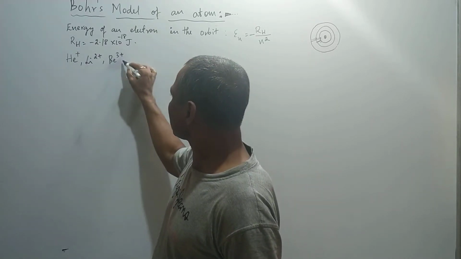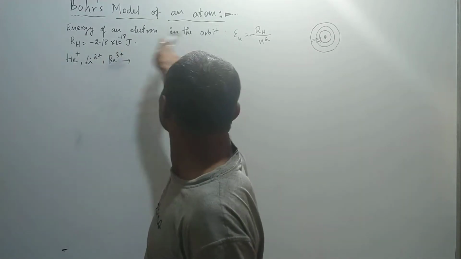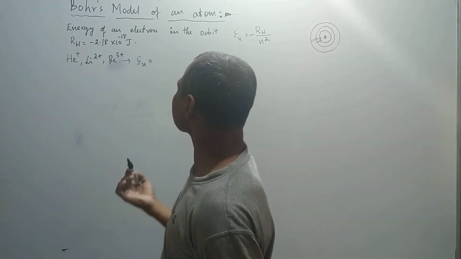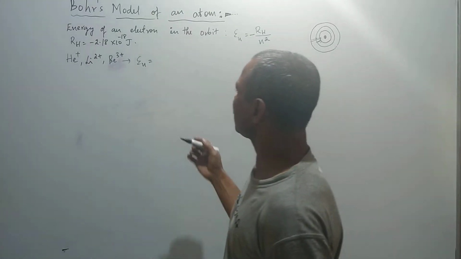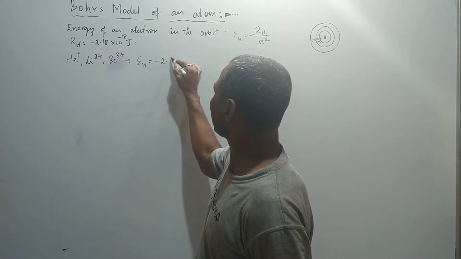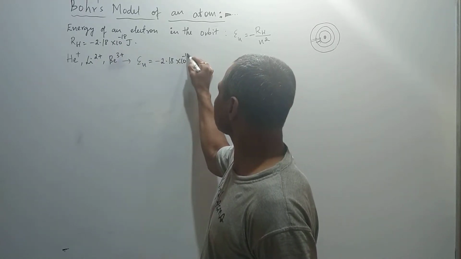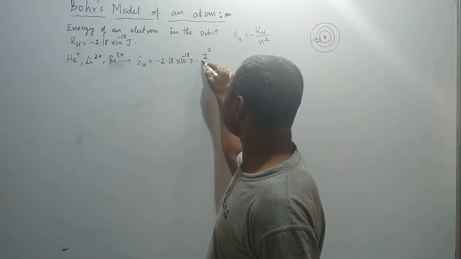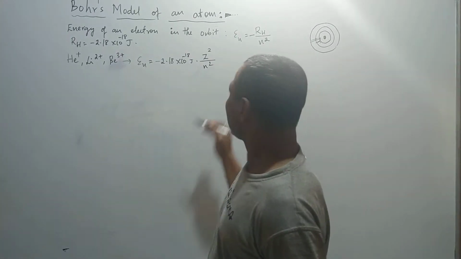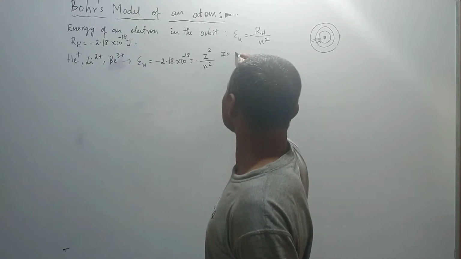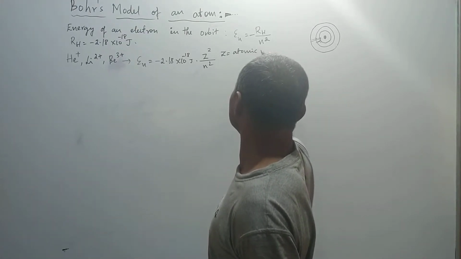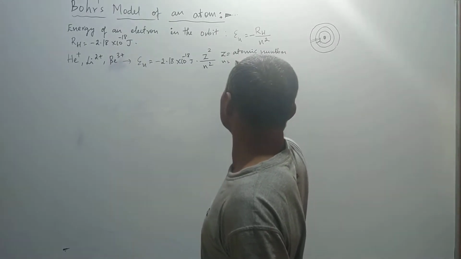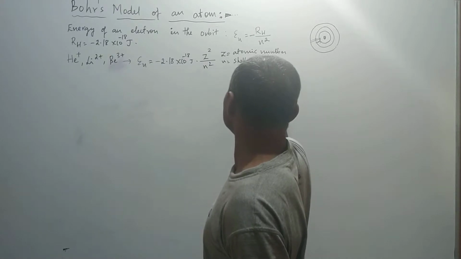For which the energy equation is considered as minus 2.18 into 10 to the power minus 18 joules into Z square upon n square, where Z is the atomic number and n is the shell number, the orbit number.